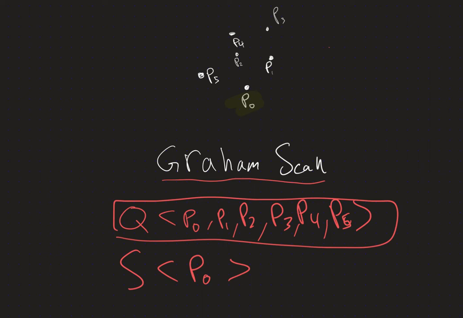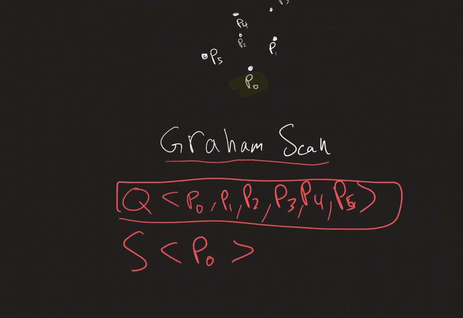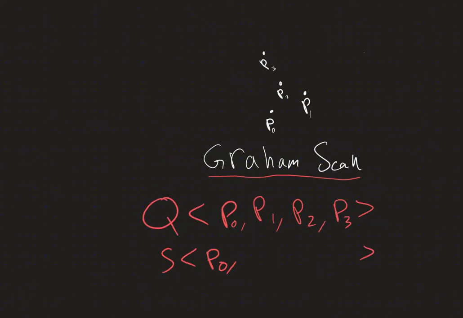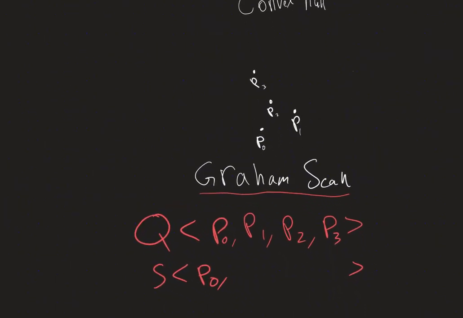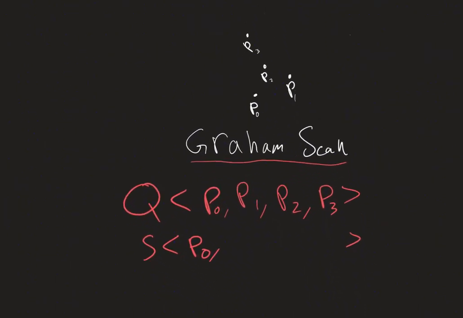Now that we have our set, we go to our stack. Since we already mentioned that P0 is part of the convex hull, we just push it on the stack. Remember, the stack contains all the points in the convex hull. I changed the previous example to make it simpler.